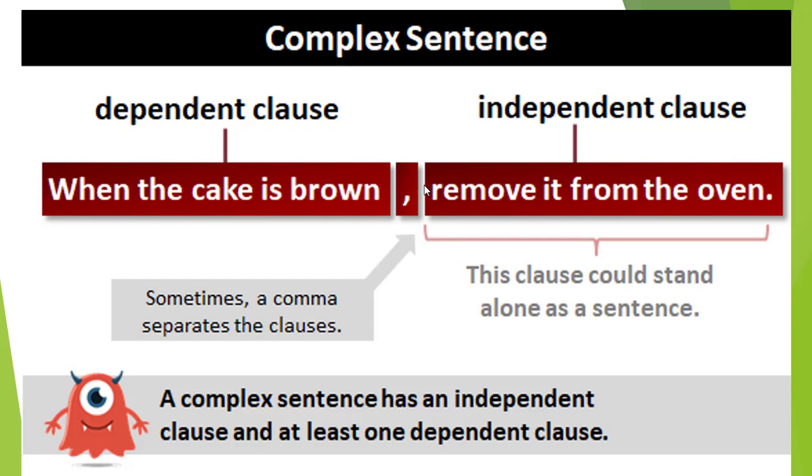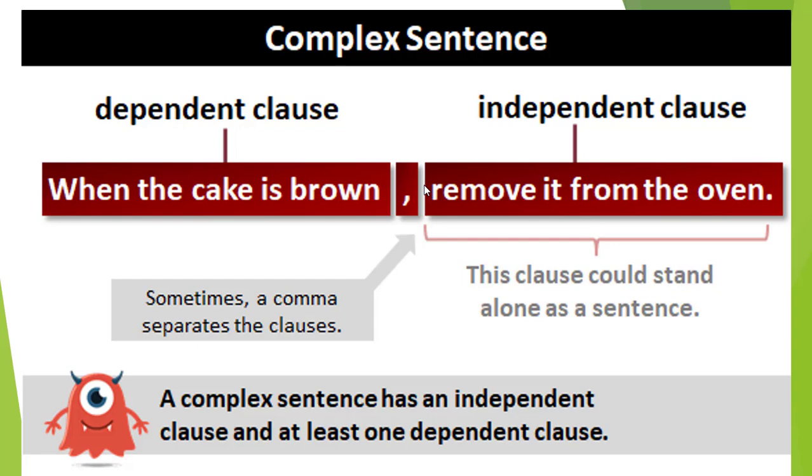Okay. So we use a comma here. And if you remove the cake from the oven when it is brown, in this case you do not need a comma. When the independent clause comes first and the dependent clause second, you don't need a comma.